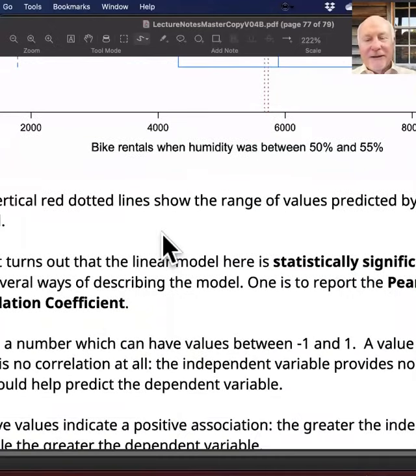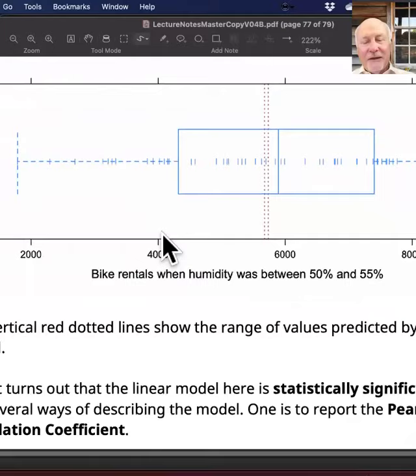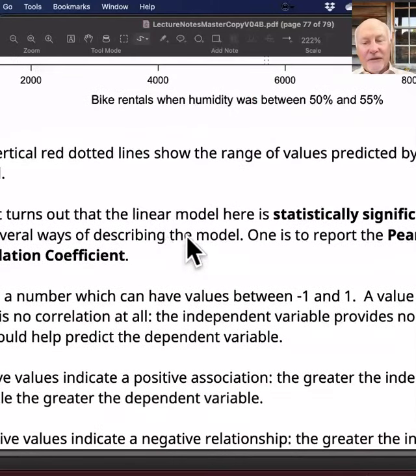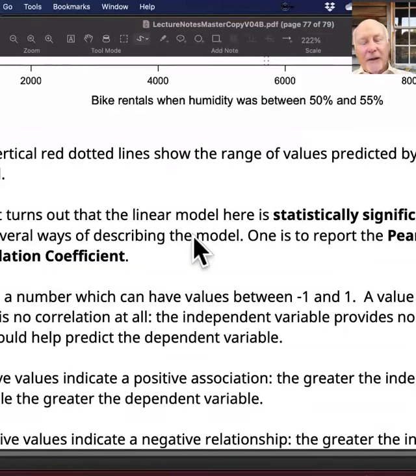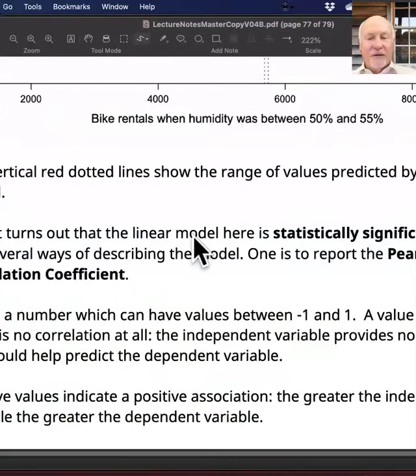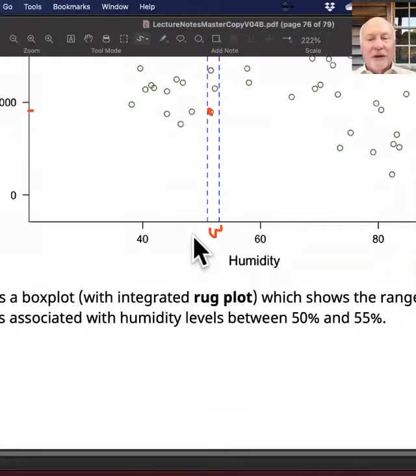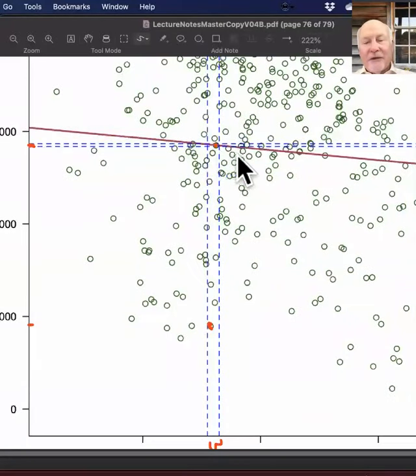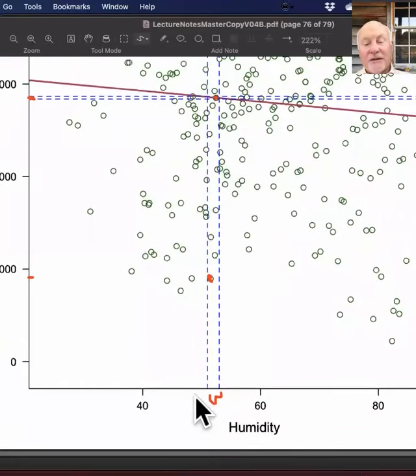But what actually is the case is, although it's statistically significant, it's a very weak correlation, and that's what I wanted to talk about next. So this is where the Pearson correlation coefficient comes in. That's a number which tells us how strong the correlation is, or the association between humidity and rentals.